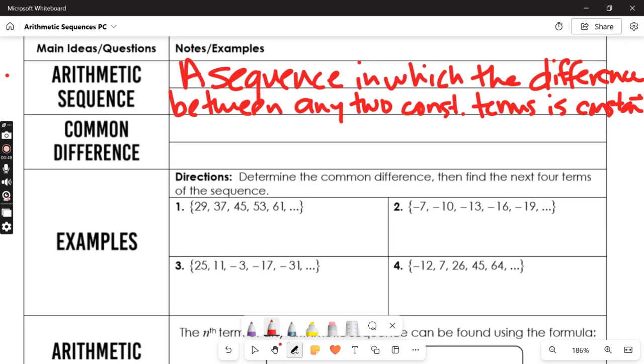Okay. So again, a sequence in which the difference between any two consecutive terms is constant.